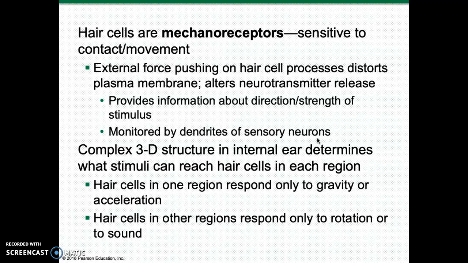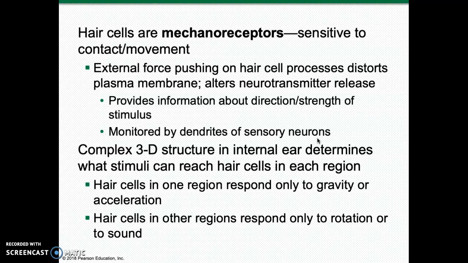The hair cells will be pushed upon. The kinocilium and stereocilia will move, and it's going to distort the plasma membrane, altering the neurotransmitter release, and send information about the strength of the stimulus.